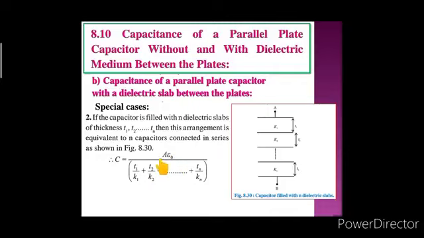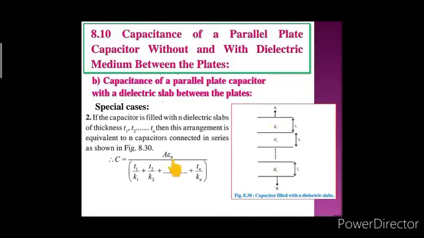As here we had used the formula A epsilon naught K upon D, and as the space between the two parallel plates of the capacitor is fully filled with the dielectric, hence the value of t is equal to d.